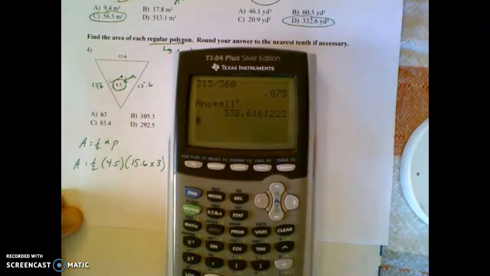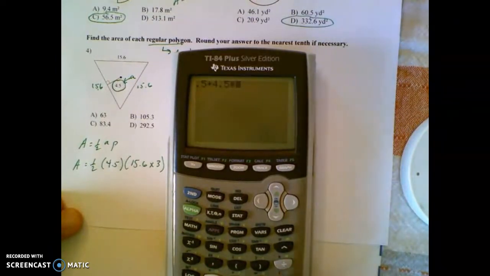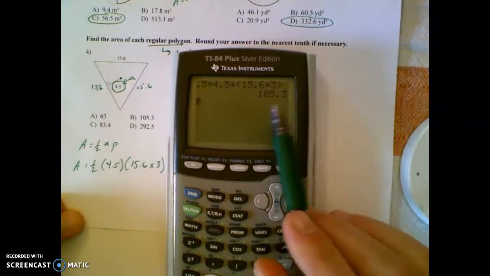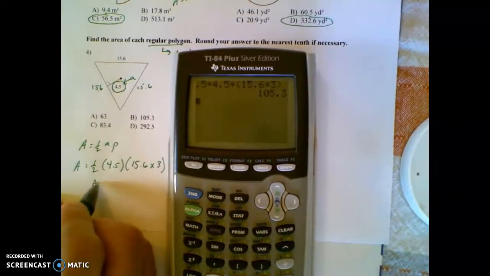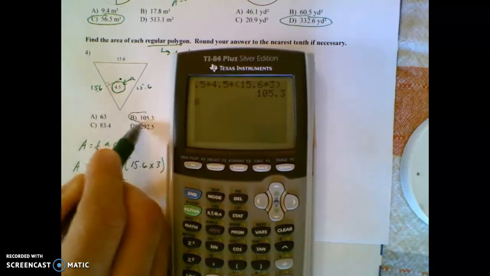And I could just do the 1/2 as 0.5. So 0.5 times my 4.5, and then times, maybe put it in parentheses, 15.6 times 3. Press enter, and end up with 105.3, which is option B.